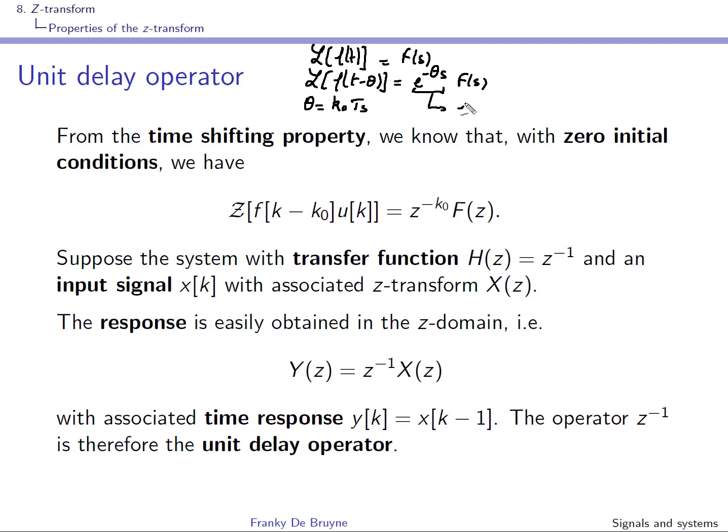It's e to the minus k0 Ts s, right? Remember also that z is defined as e to the Ts s. This is the link between the s-plane and the z-domain. So you can see that this quantity over here is simply z to the minus k0. And this again shows that z minus 1 is the unit delay operator.